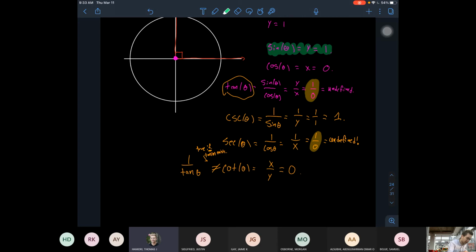So when we do 1 over sine theta, we get 1 again. Okay, so all these functions are all sort of related to one another, okay? Sine and cosine are the most important, and then we get everything else just from manipulating those two, okay? We either divide them, or we take one as a reciprocal, or we take the other one as a reciprocal, or we divide them in a different way.